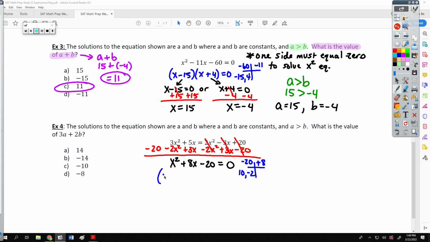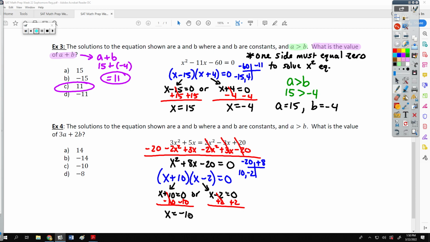So this factors into x plus 10 and x minus 2, which means that our answers are taking each of those factors and setting them equal to 0. So either x plus 10 equals 0 or x minus 2 equals 0. We would then solve each of those equations, which are one-step equations, and we would get our answers, which are x is negative 10, x equals positive 2.